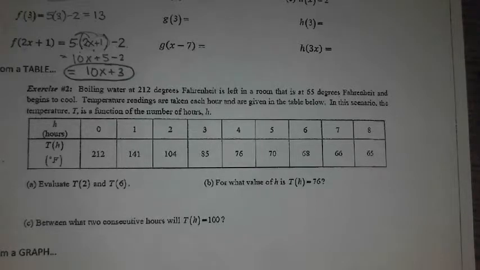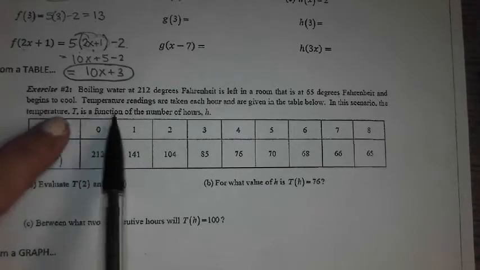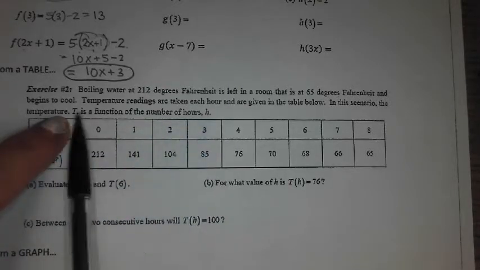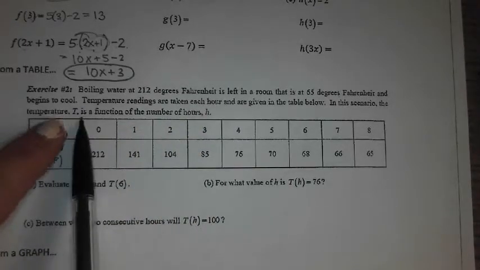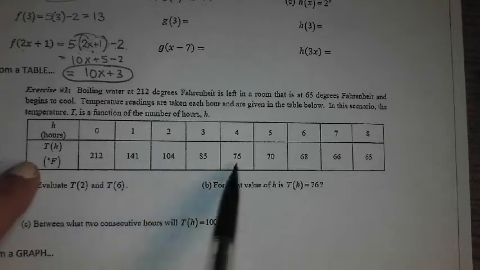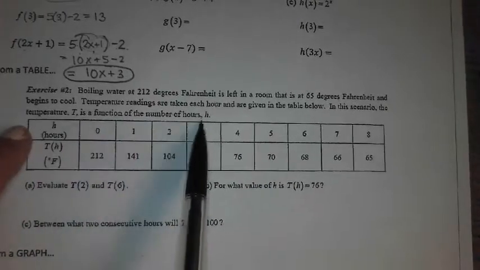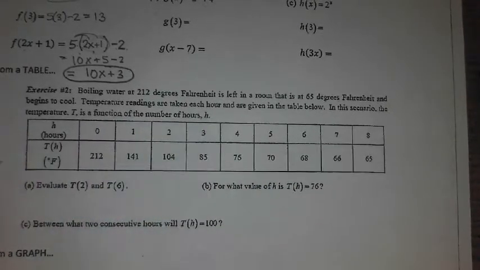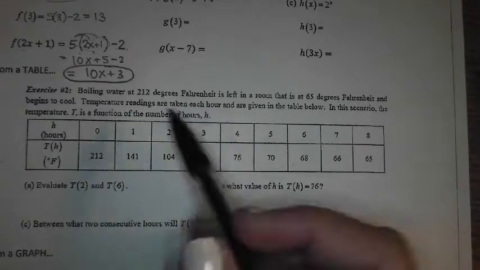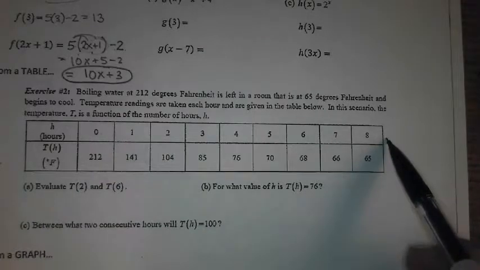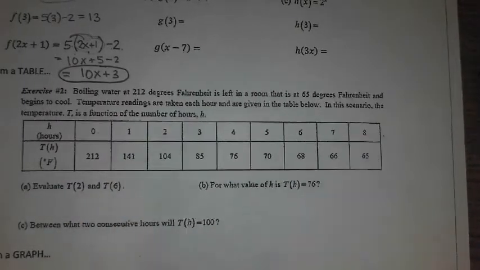In this scenario, the temperature T is a function of the number of hours. That's your y coordinate then. T is your temperature, that's your y coordinate, and x is your h, your hours. Okay? And that makes sense because your cause is the fact that time is passing and the effect is your water is cooling. So there's your cause and effect.